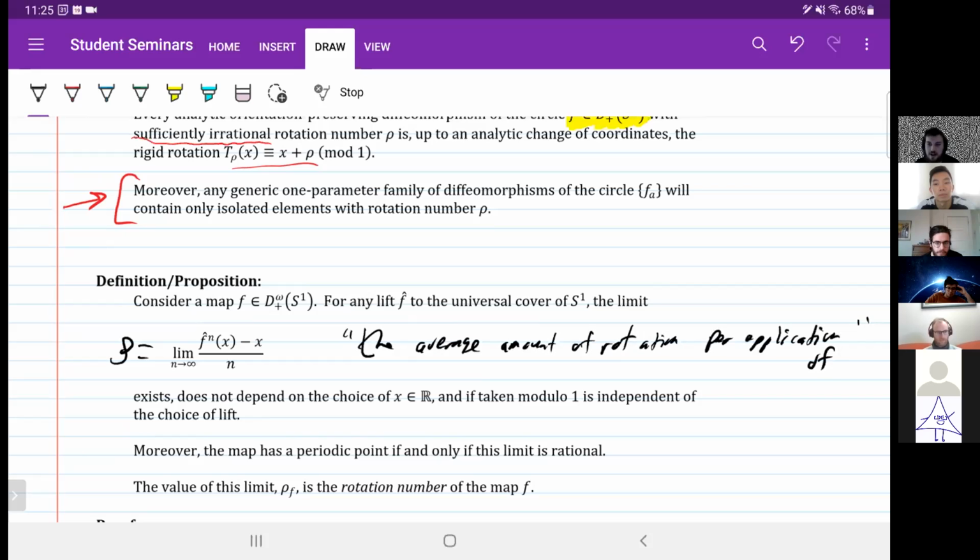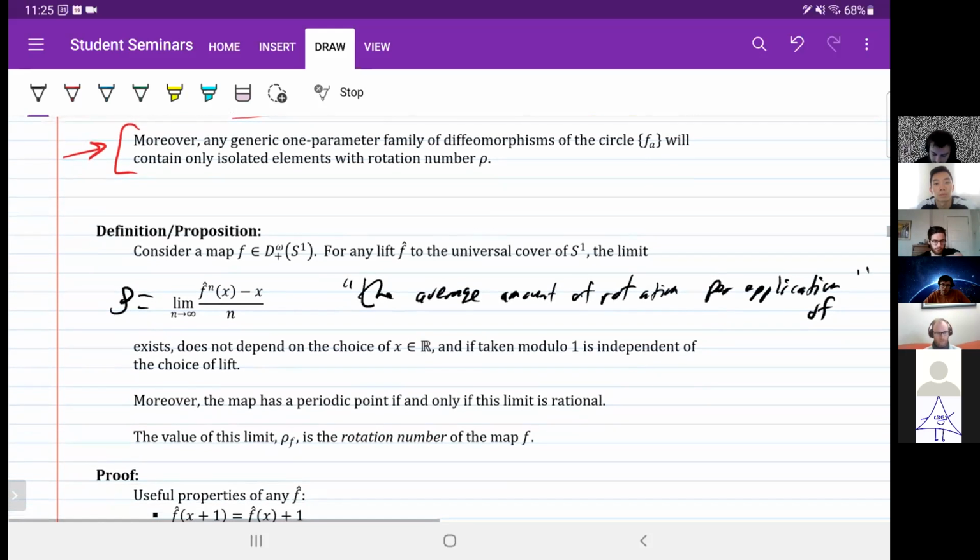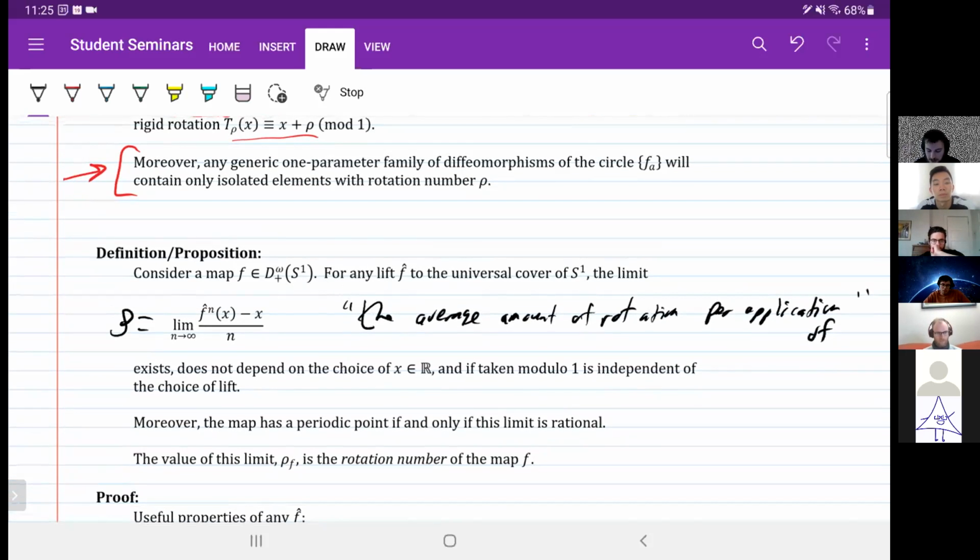It's on average, how far around the circle do I rotate every time I apply the function. And I claim that this limit exists, that it doesn't depend on x, and that if you take it mod 1, it doesn't depend on the lift either. And I also claim that the map has a periodic point if and only if this limit is rational.